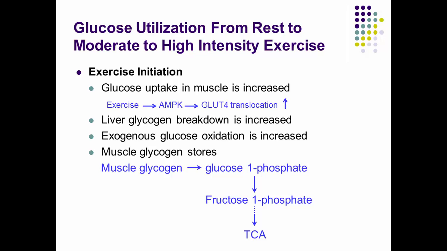Again, this is the pathway that we talked about already. The exercise increases GLUT4 translocation, increases glucose uptake, and the mechanism is independent of insulin, right? This is AMPK mediated.